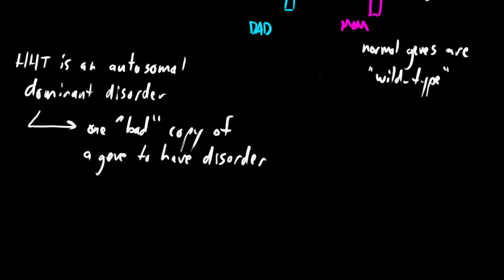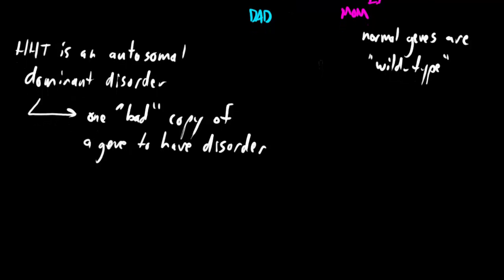Okay, so looking back at those autosomes again. So let's draw that chromosome from dad, blue here. And let's say that dad is the one that gave you your mutated copy, your bad copy of whatever gene it is that causes HHT.